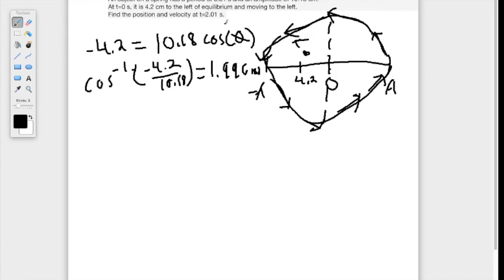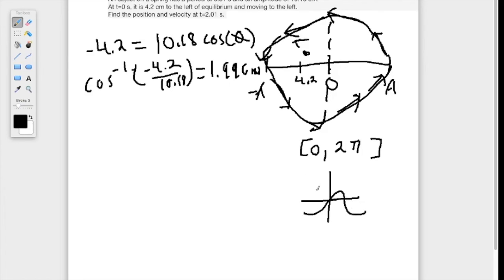And the reason why it's negative is because it's left the equilibrium. Now, the thing is, the arc cosine is basically truncated because it has to be a one-to-one function. So if we do 0 to 2 pi of, say, the arc cosine function, it would look something like this.